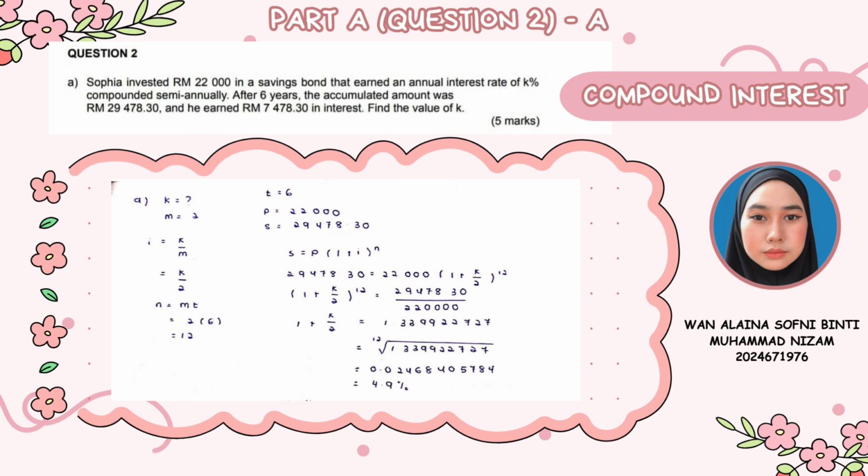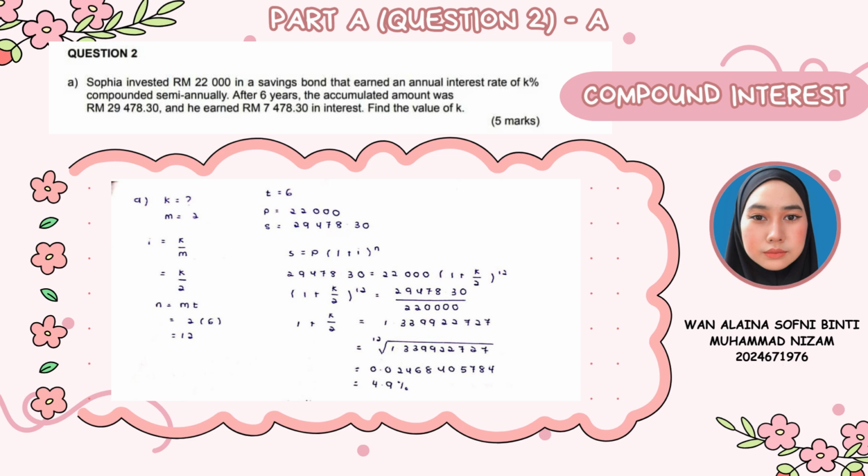So we are going to use the formula S equals P bracket 1 plus I bracket N. You need to fill in 29,478.30 equals 22,000 bracket 1 plus K per 2 bracket 12.